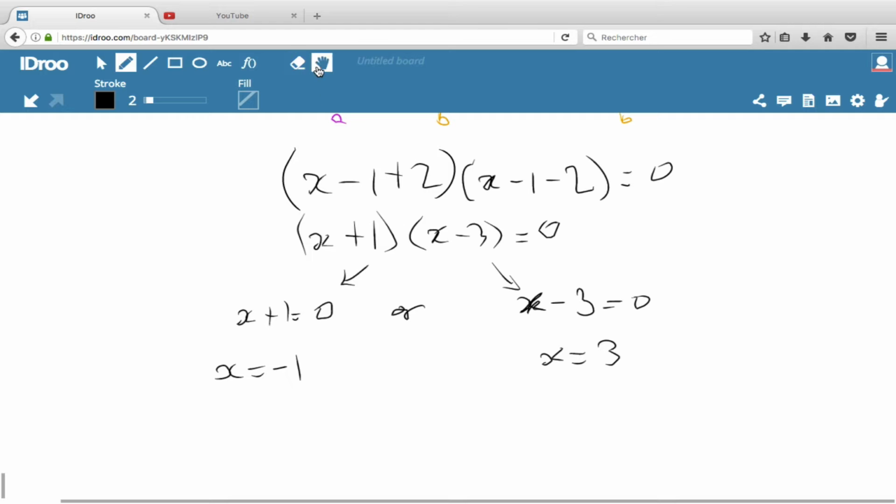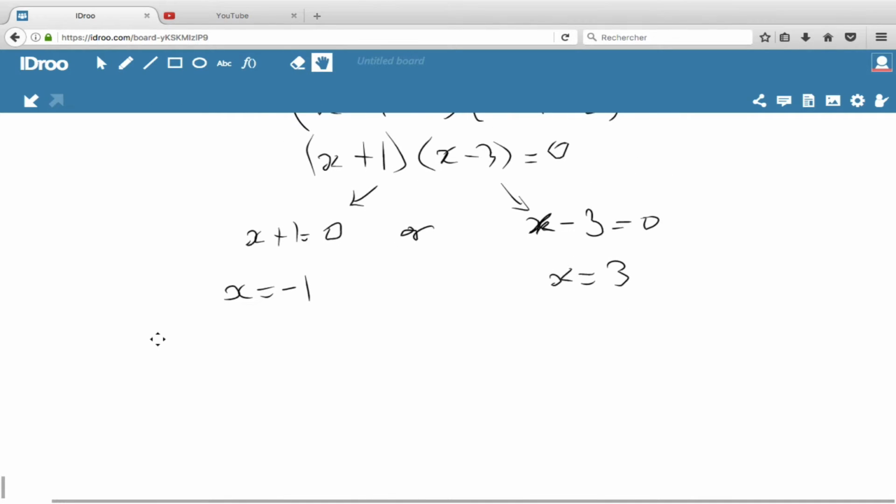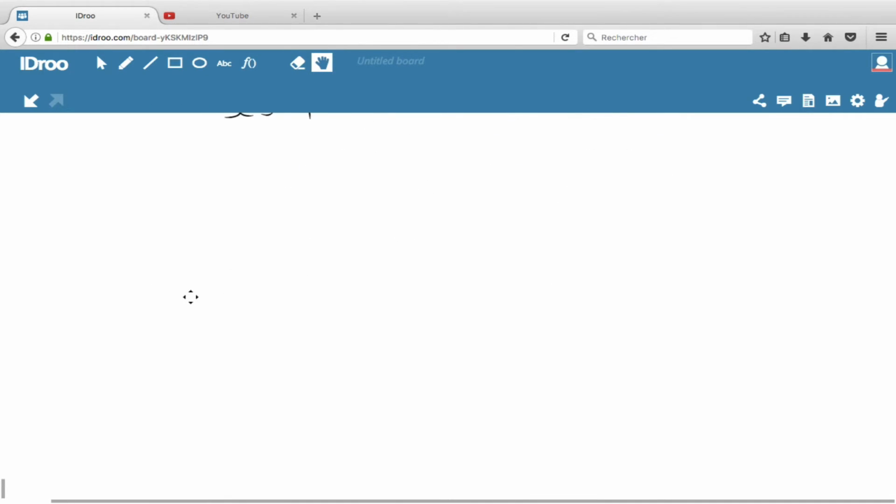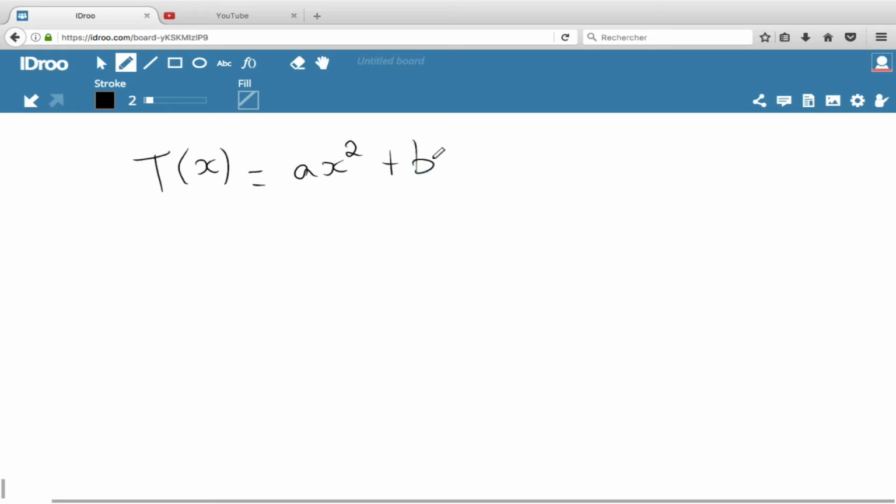Okay, so now we've got this, we can compute a more general formula. Donc maintenant qu'on a ça, on va pouvoir calculer une formule plus générale. Let's say that we have t of x equals a times x squared plus b times x plus c.